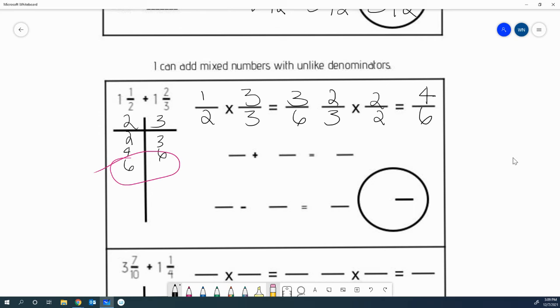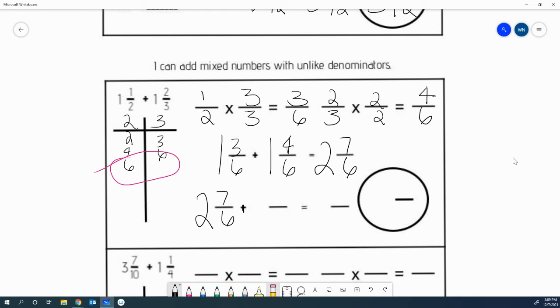Let's go ahead and put them in our blanks. We've got 1 and 3/6 because it was 1 and 1/2, plus 1 and 4/6 because it was 1 and 2/3, equals 1 plus 1 is 2, 3 plus 4 is 7/6. So we've got 2. Oh, that should be a plus sign. Make that a plus sign, please. And 7/6.